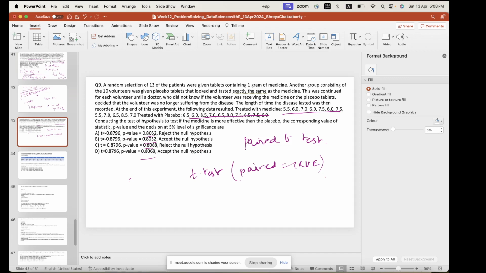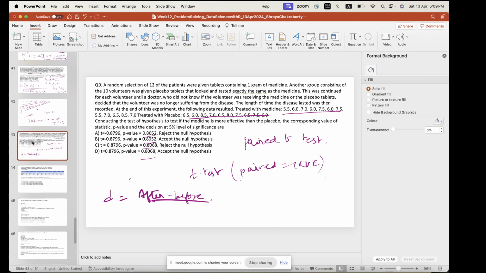Now you have to find out t, and how will you calculate t? That will be with respect to your paired t-test. You get the difference, that is after minus before. Given sigma square is not given, then what is the test that you are going to use?